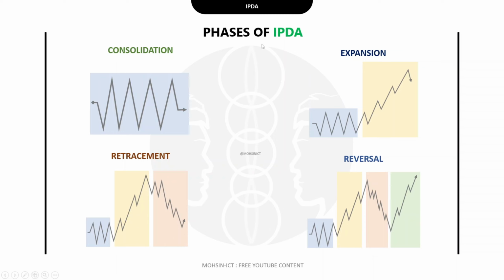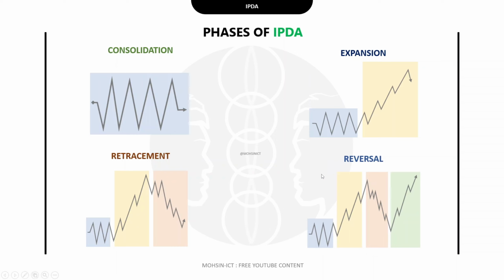So when we talk about the IPDA price cycle, it covers the market maker sell model and the market maker buy model as well. If you have been with me long enough, you have seen me saying it a lot of times that every retracement to reversal is a market maker model. But here's a twist.